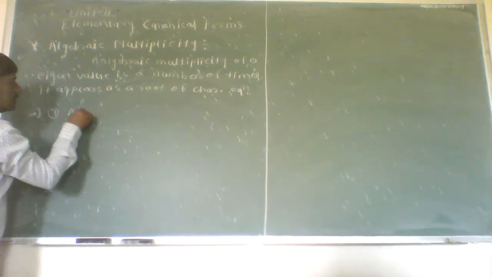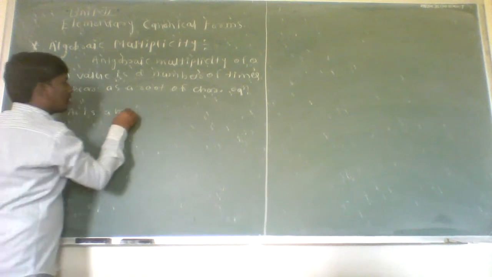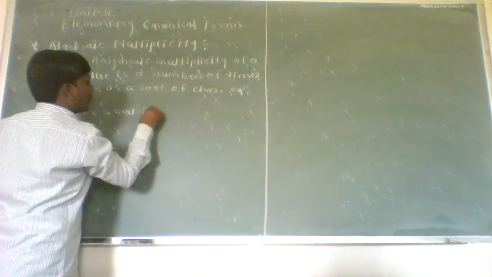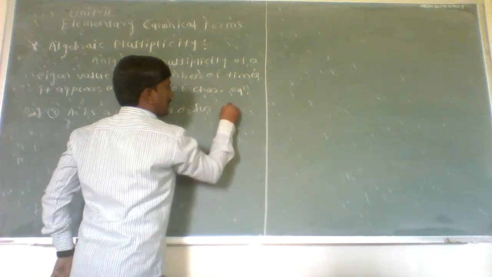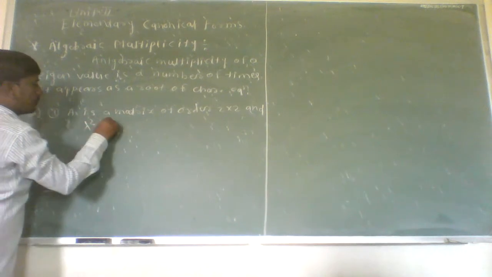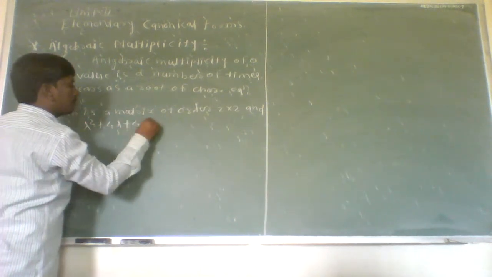For example, suppose A is a matrix of order 2 cross 2. As it is a matrix of order 2 cross 2, it is a square matrix, and lambda square plus 4 lambda plus 4 equal to 0 is its characteristic equation.